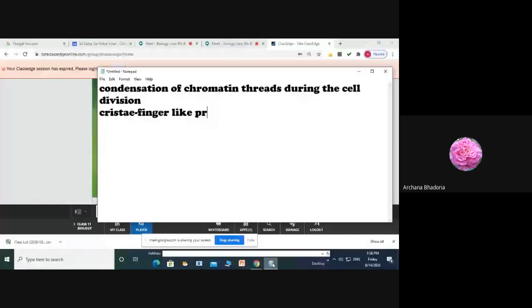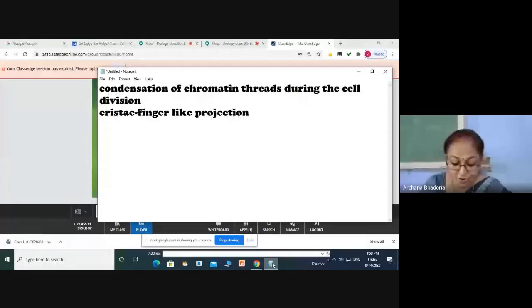It is cristae. Cristae are the finger-like projections of the inner membrane.